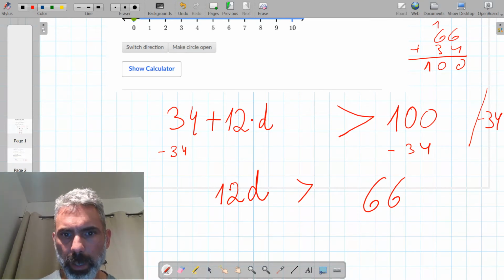Now to isolate the D, I need to divide both sides of the inequality by 12.